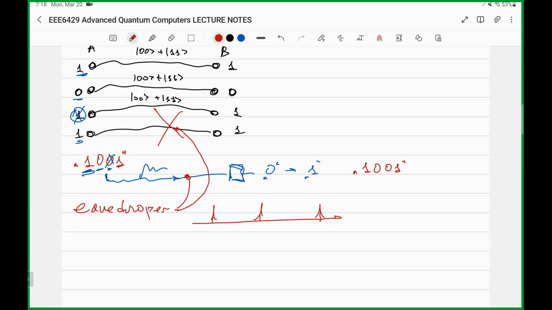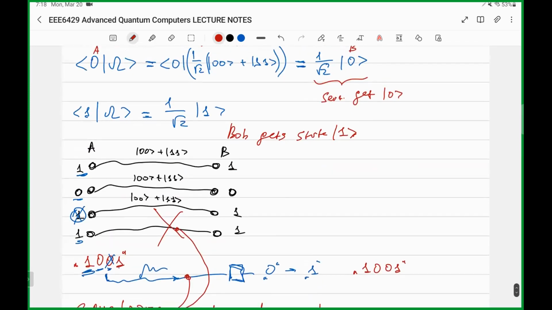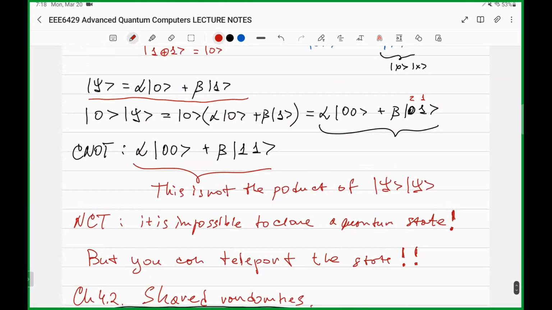So he can measure something, right? But when he measures this, Bob may immediately detect this in his results of measurement, and Alice sees that in her results of measurement, because of this no-cloning theorem.